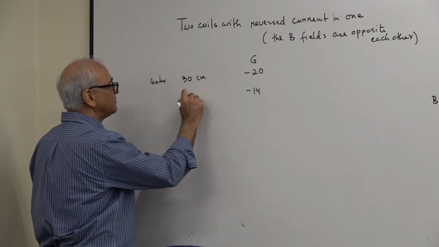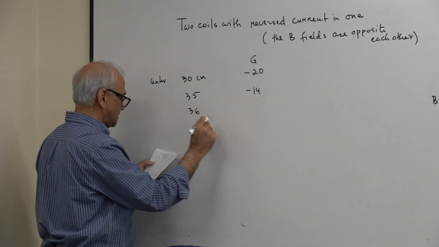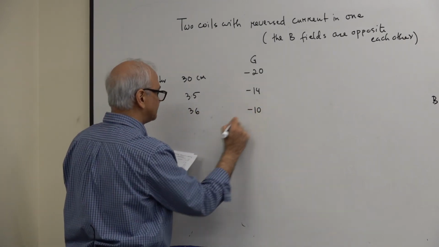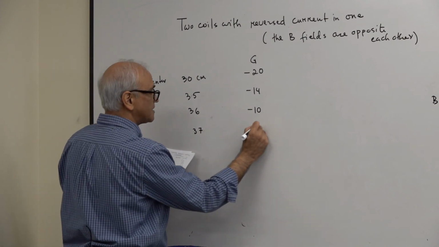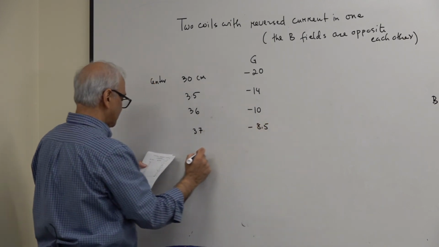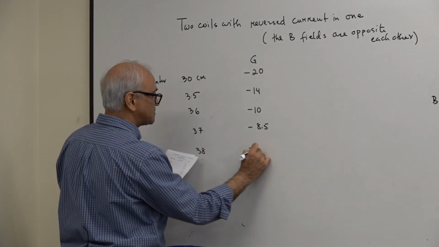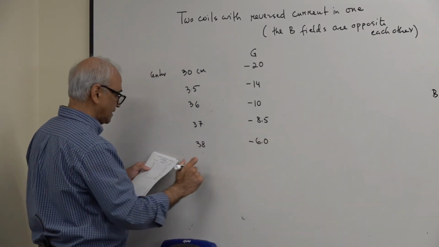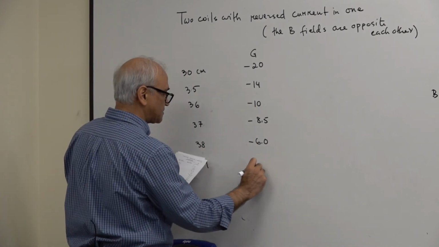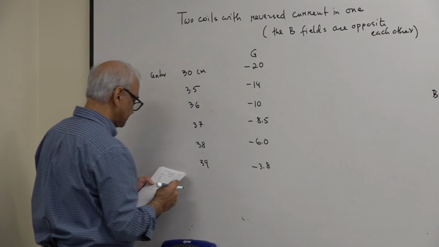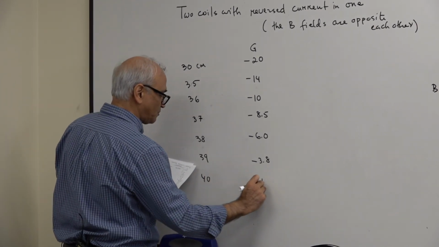That's 35 is minus 14. 36 is minus 10. 37 is minus 8.5. 38 is minus 6.0. 39 is minus 3.8. Then 40 is minus 1.2.